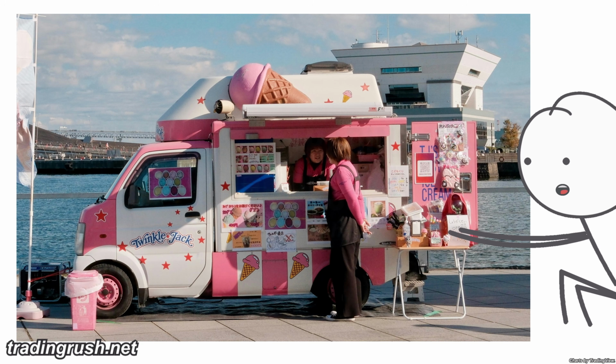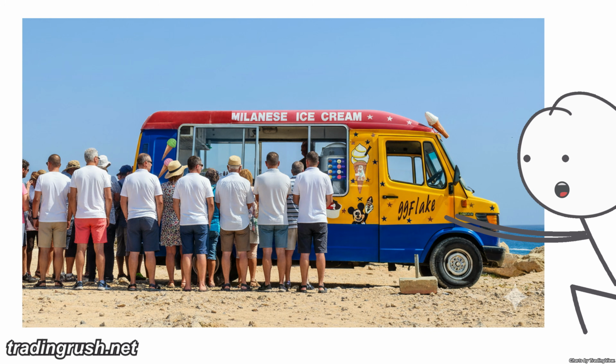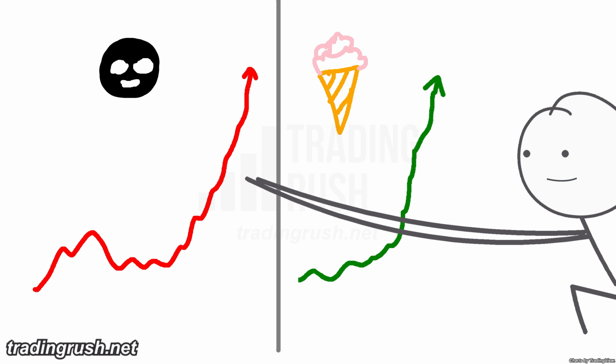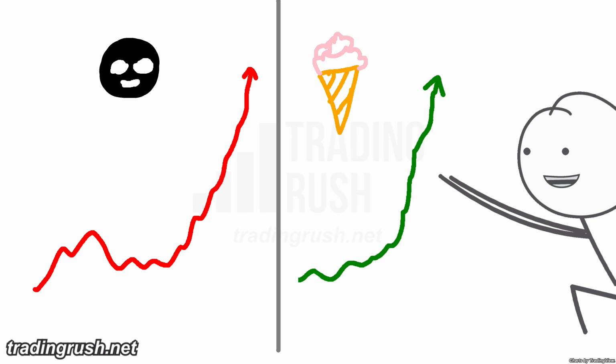You write detailed reports, warn the police, and tell everyone to watch out for ice cream trucks because they predict crime. What you completely missed is that both ice cream sales and robberies just happen to go up in the summer because it's hot and people are out of their homes more. The innocent ice cream didn't cause anything. You just found two things that happened together and assumed one caused the other.